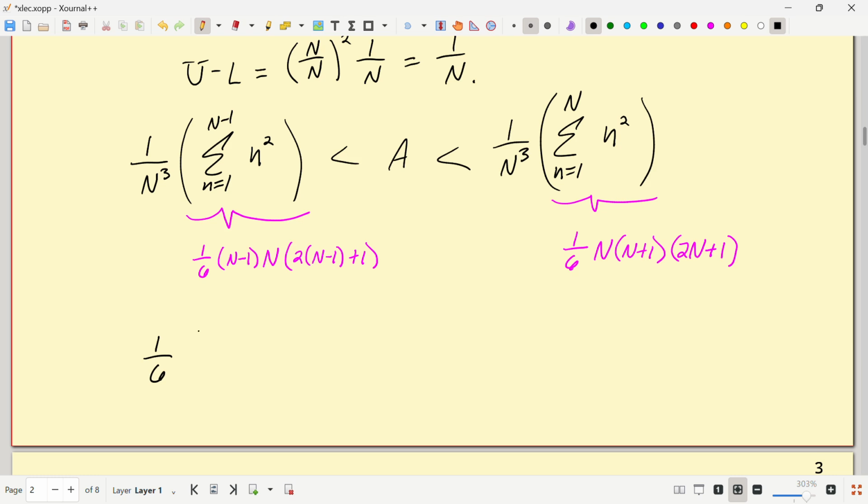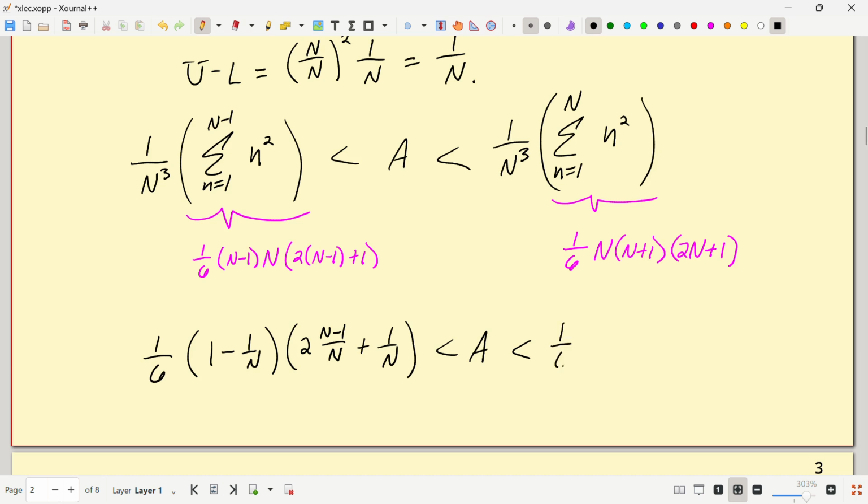See, when I divide by n cubed, I'll distribute n cubed through those three terms and get 1 minus 1 over n. n over n is 1. And then I get 2 times n minus 1 over n plus 1 over n is less than a is less than, and here I would get 1/6, 1 plus 1 over n, 2 plus 1 over n.